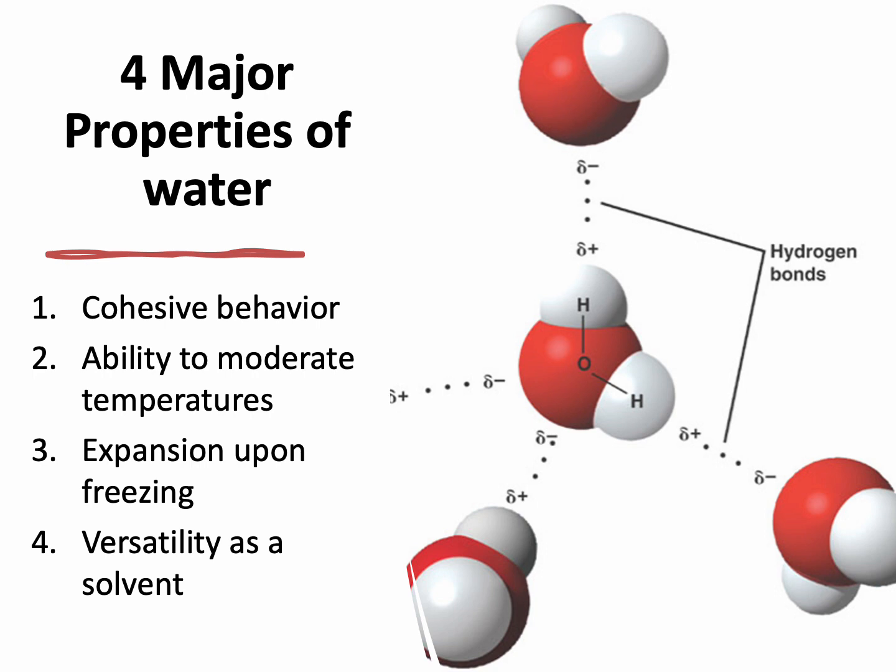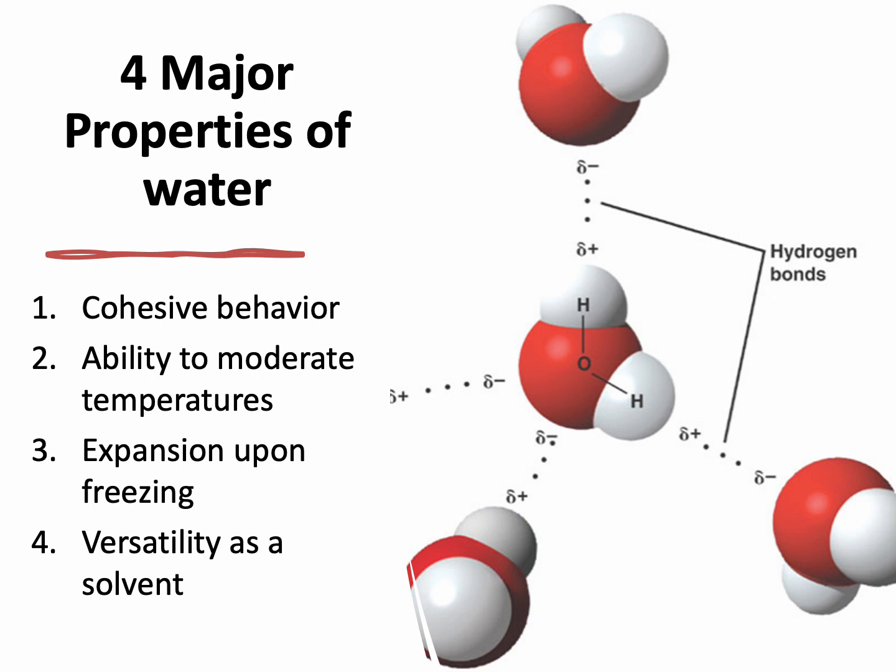So these hydrogen bonds, I told you they're the most important thing you've never heard of and never thought about. They are absolutely essential to the properties of water that allow life to exist on this planet and probably others as well. I can't verify the latter statement though. So the four major properties of water are all a product of hydrogen bonds, and it's this thing that makes water unique.